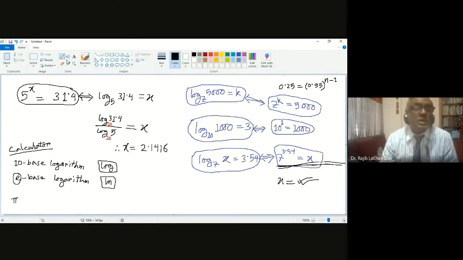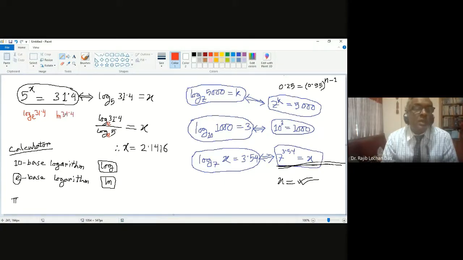If I am not using 10 base logarithm, I am using ln. Ln means e base logarithm, so e will be written here. If you write log 31.4 with base e, that is actually ln 31.4.